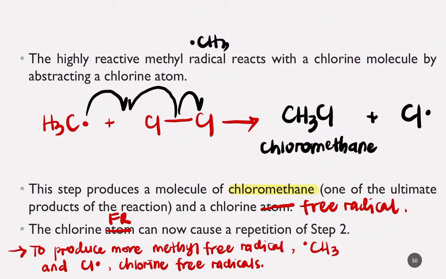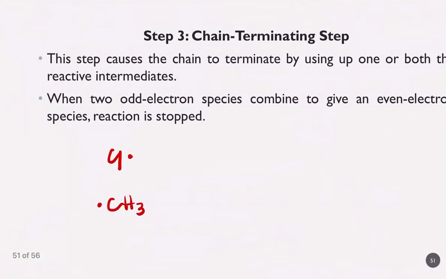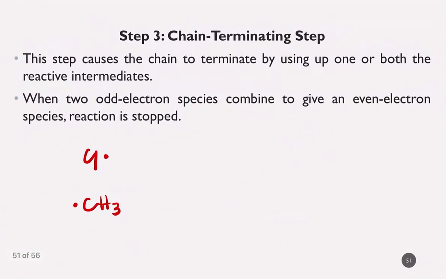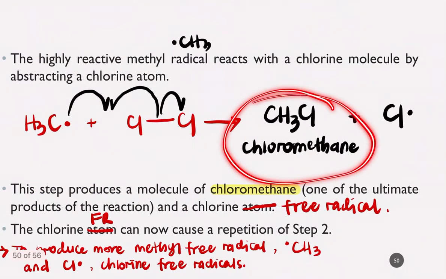Sebab ini adalah propagation step, dia memang akan merebakkan lebih. Dia kasih this chain going. Alright. So sampai satu tahap, kita dah produce kita punya produk tadi, chloromethane.